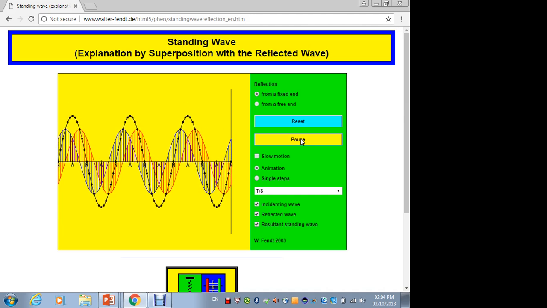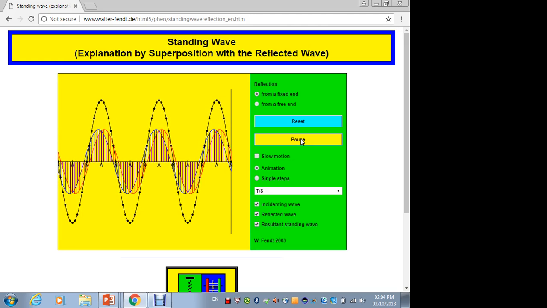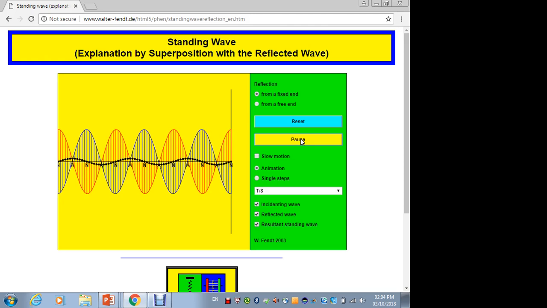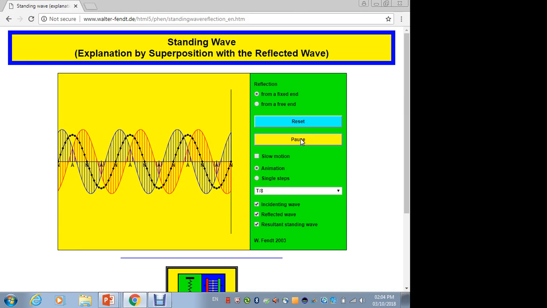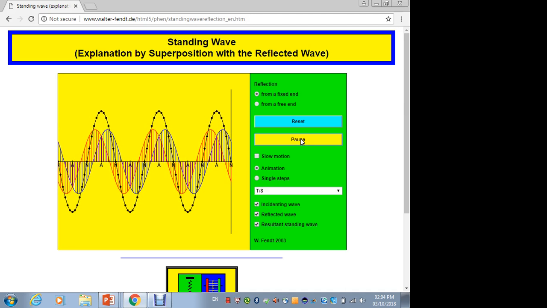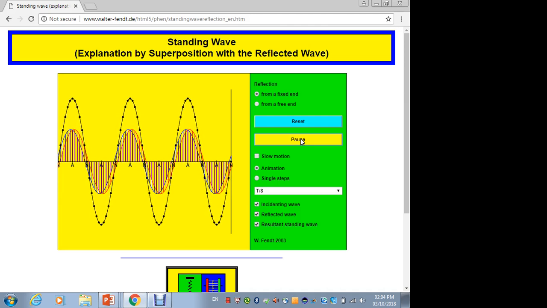How I did it here is I send an incident wave to a fixed end and then it gets reflected. So the two waves are identical, assuming there's no energy loss. The red wave that you see is the incident wave, the blue wave is the reflected wave, and the black one is the resultant wave.